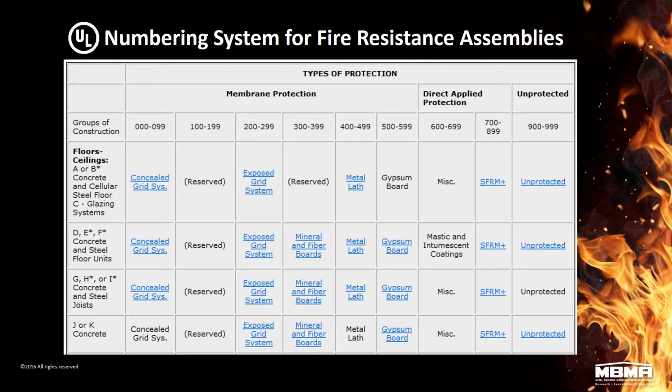Basically, the type of building construction element is the alphabetical part of the designation, the ABC, if you will, and then the numerical part of the designation designates what kind of protection, whether it's membrane, directly applied protection, spray-ons, or intumescence, or unprotected in some cases.